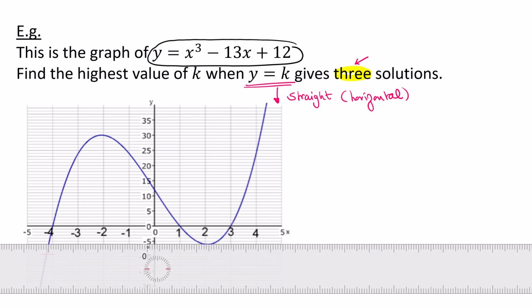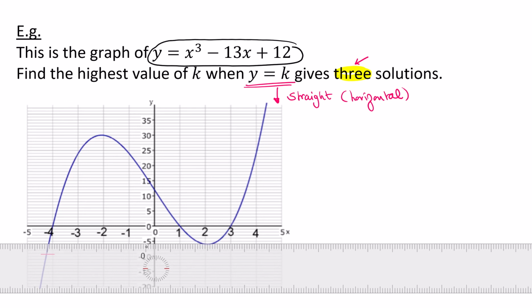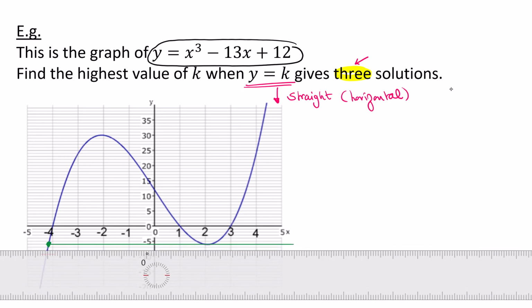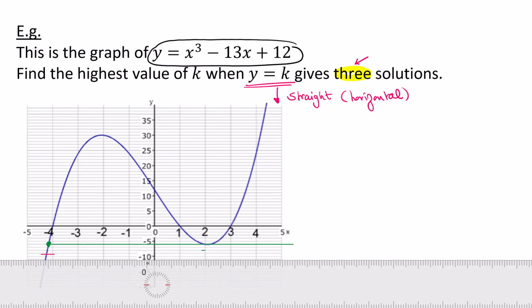If I go there, it does cut 3 times, but it's not the highest value of k, so around here is about y equals -6, and it cuts here, here, if I move it there and there. So that's the lowest value of k, which is -6. But the question says they want the highest value of k.